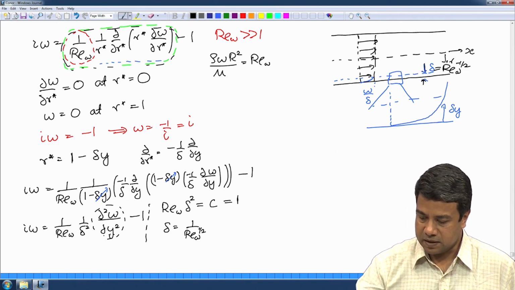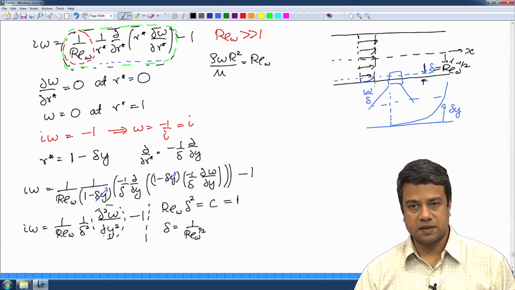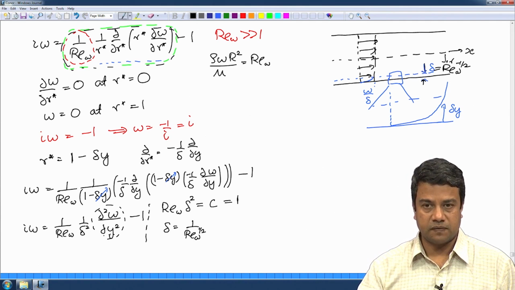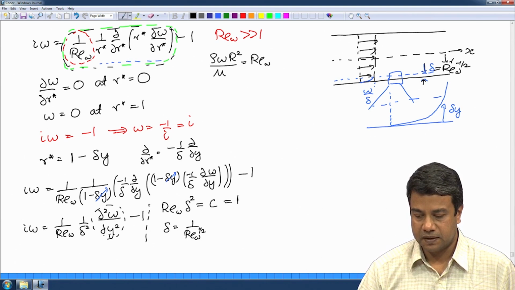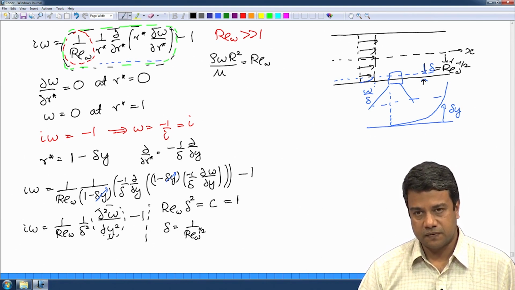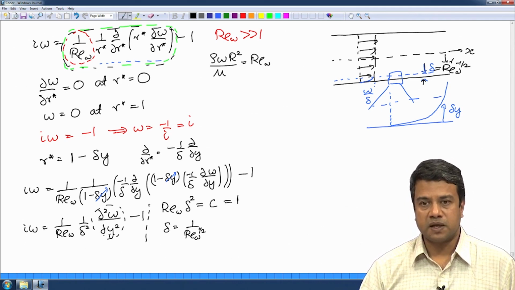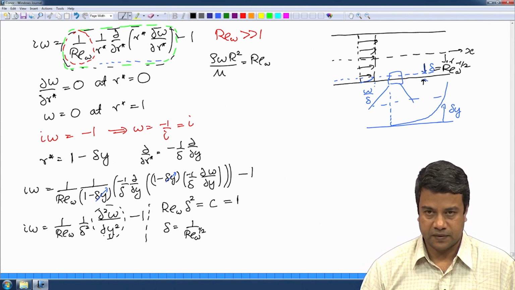When the Reynolds number is large, what it means is that the time for diffusion across a distance r is large compared to the time period for the pressure oscillation. However, diffusion still takes place, and before the pressure reverses, the momentum has diffused to a small distance away from the wall.